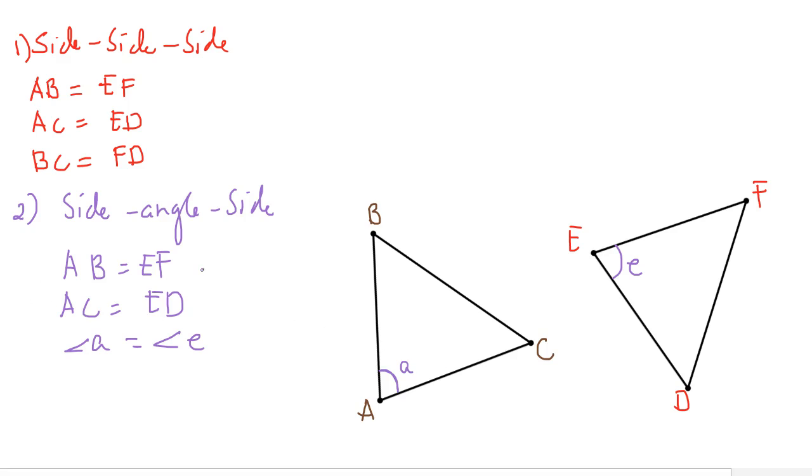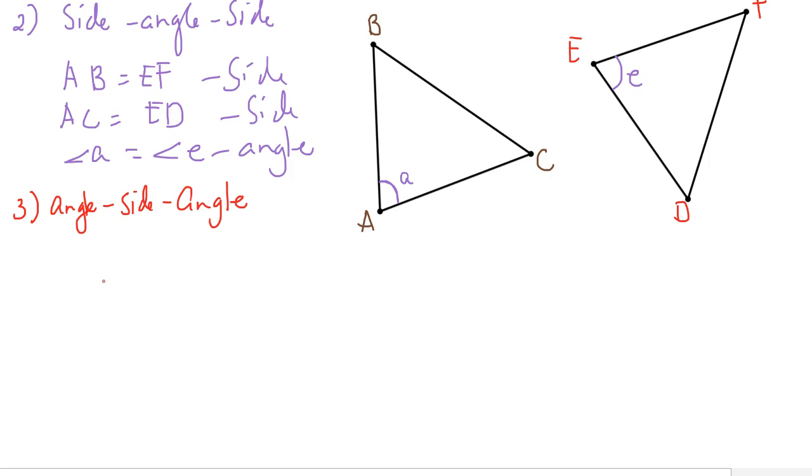So this is a side, and there is an in-between angle, and there is a side again. That means they are congruent.